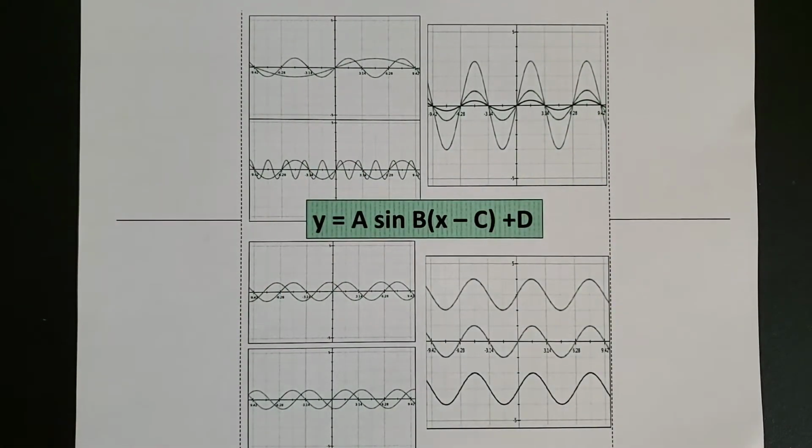What is happening, what is changing, and what variable would make that change? So go ahead and press pause and see if you can identify that. And then you can begin the video again, and we'll see if you got it right.